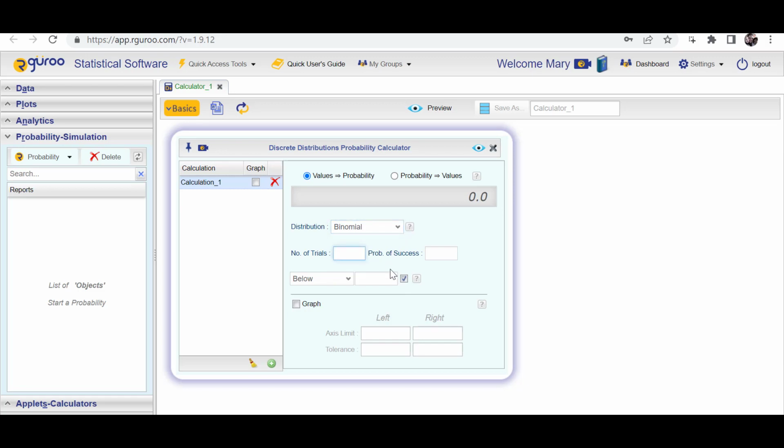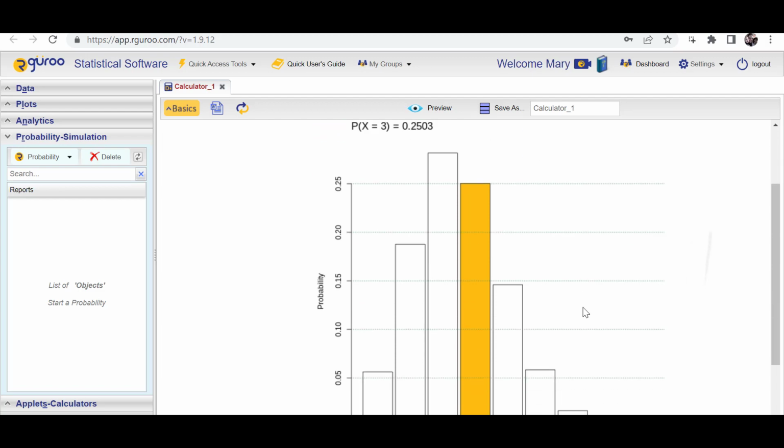The number of trials, that was 10. Probability of success is 25%, but you need to put it in as a decimal. So 25% as a decimal is 0.25. And we're trying to find the probability that it's exactly, which is another word for equals, 3. And then I'm going to hit graph so I can see it and preview. And here we go. We can see the graph.